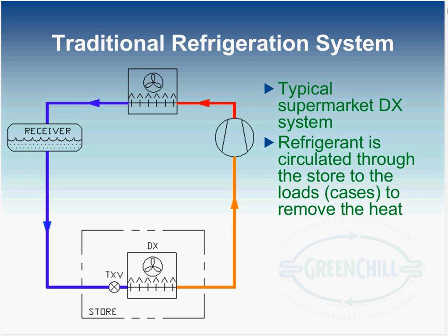And then, of course, you see the expansion device and the evaporator coil, which are installed somewhere in the store, either in a display case or in a walk-in box. In the supermarket, this refrigerant is circulated throughout the entire retail space, among anywhere from a dozen display cases to stores that have well over 100 display cases. Now, the refrigerant charges are typically high, as well as the number of potential leak points.